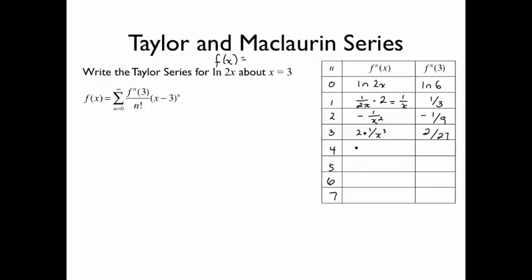Okay, what's this going to be? Now this is going to be 2 times x to the minus 3, which is negative 3 times 2 times 1 over x to the 4th. Evaluated at 3 is negative 3 times 2 over 3 to the 4th.